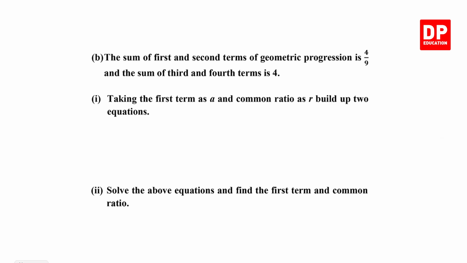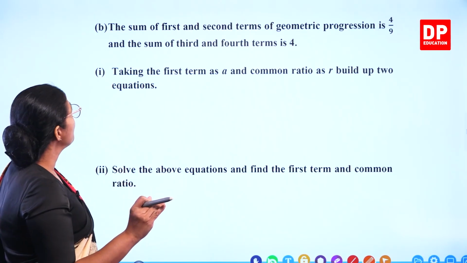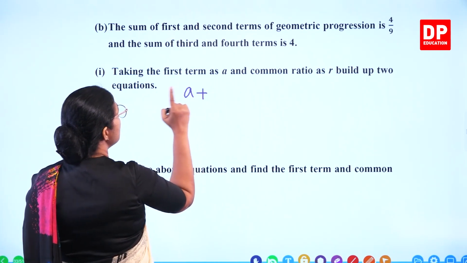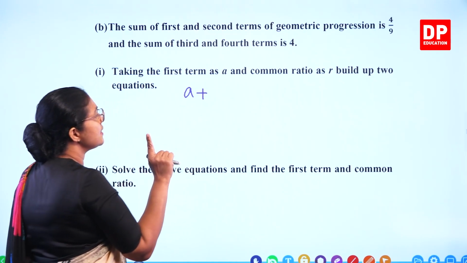Part B. The sum of the first and the second terms of a geometric progression is 4 over 9 and the sum of third and fourth terms is 4. Taking the first term as A and the common ratio as R, build up 2 equations. You have to consider sum. The sum of the first term, that's A, plus second term. What's the second term?